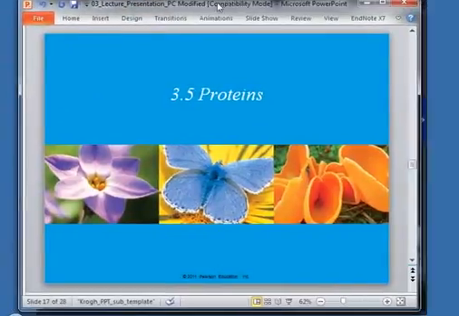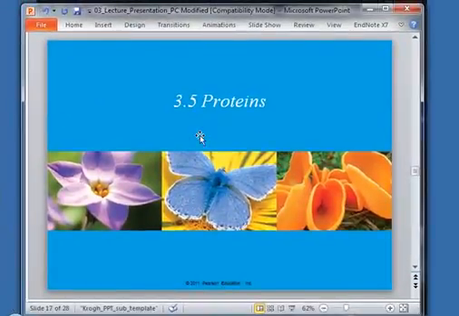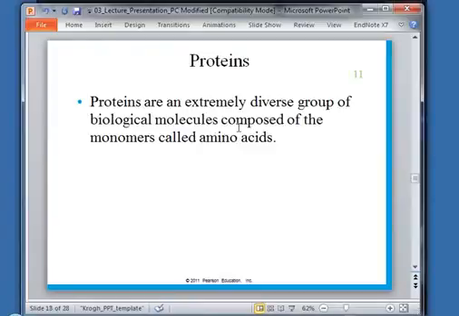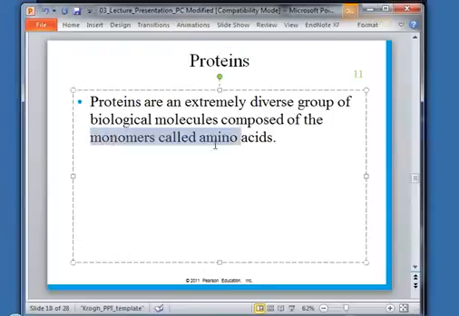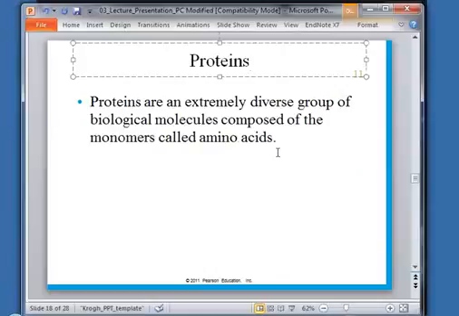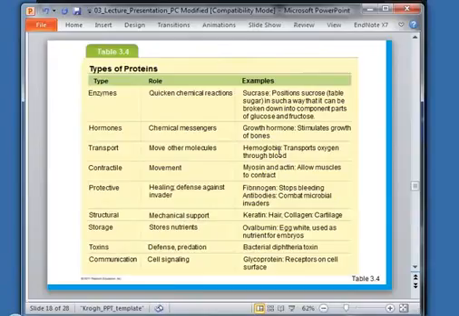And so that's where proteins come in. Just like carbohydrates, just like lipids, they're built of repeating units. But in this case, the monomers are amino acids. And those amino acids have 20 different forms, which means we can make proteins in a variety of shapes, and they can do tons of different things.